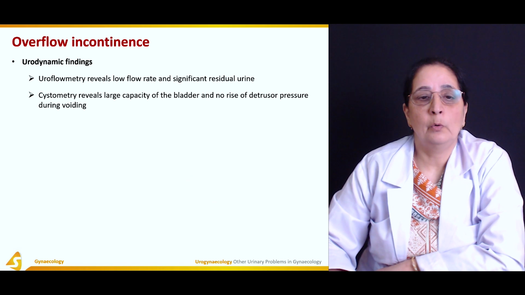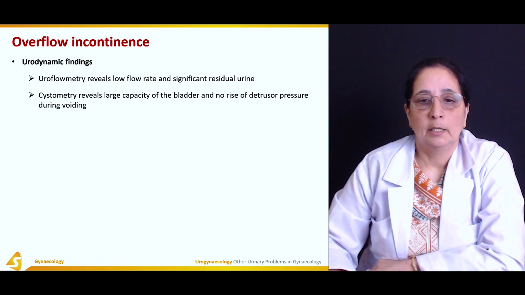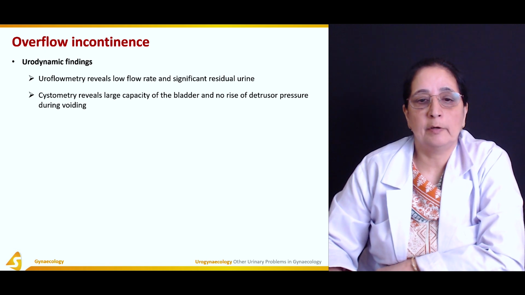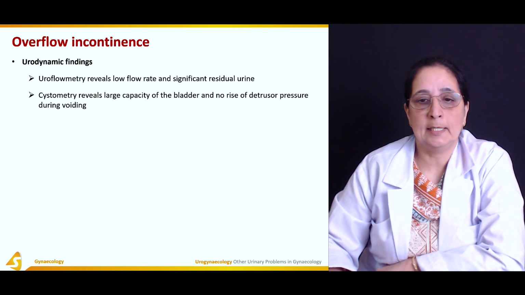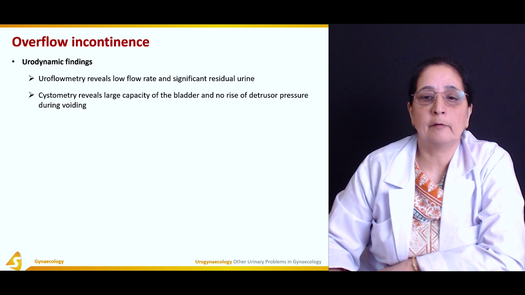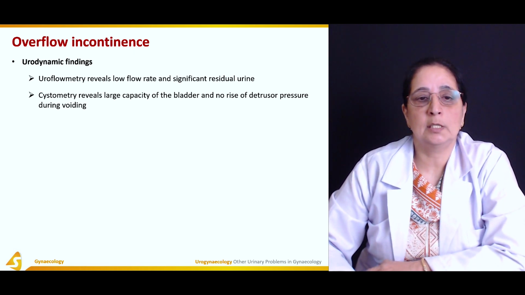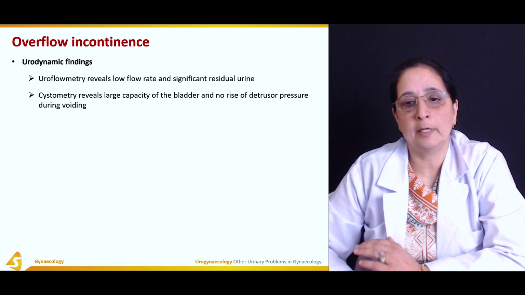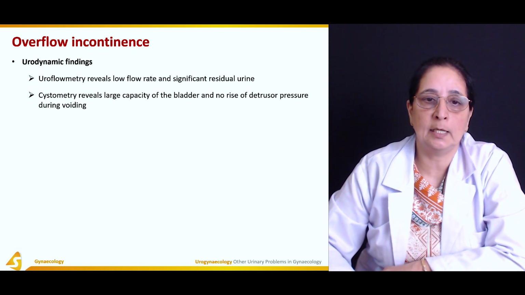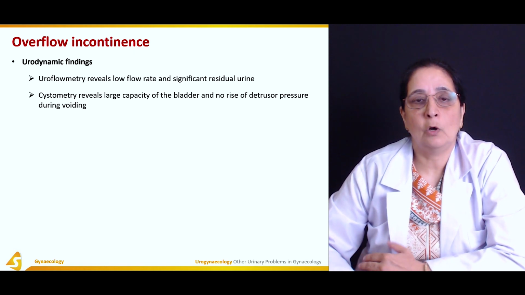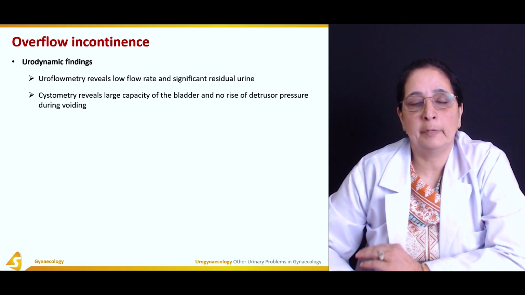In overflow incontinence, usually the uroflowmetry reveals low flow rate and significant residual urine. So in overflow incontinence, a lot of residual urine is present in the urinary bladder after the normal micturition.